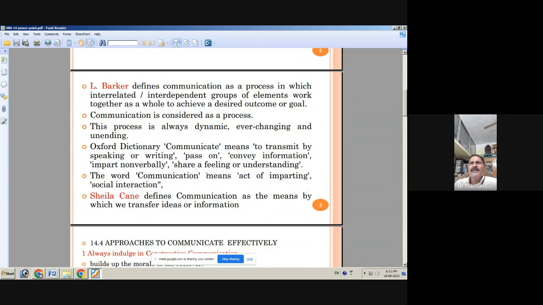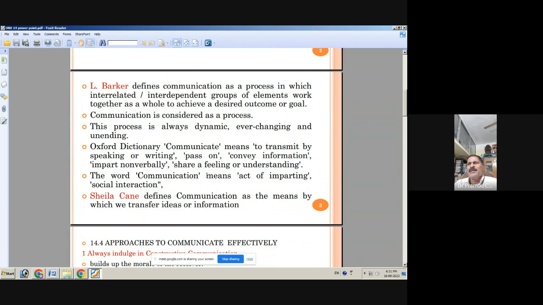So definitely the communication process should be more effective, because communication will empower the members. Communication is considered a process, and it is also dynamic, ever changing, and unending, and it is the transmission through verbal and non-verbal processes.